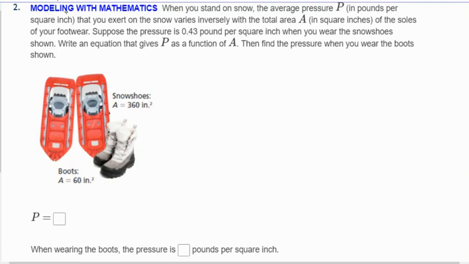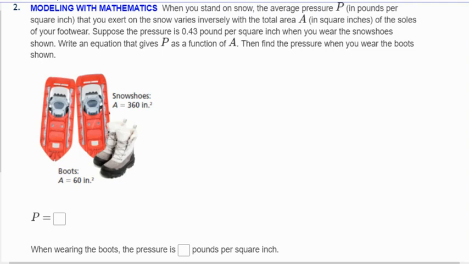The second problem, modeling with mathematics. When you stand on snow, the average pressure P in pounds per square inch that you exert on the snow varies inversely with the total area A in square inches of the soles of your footwear. Suppose the pressure is 0.43 pounds per square inch when you wear the snowshoes shown, right?